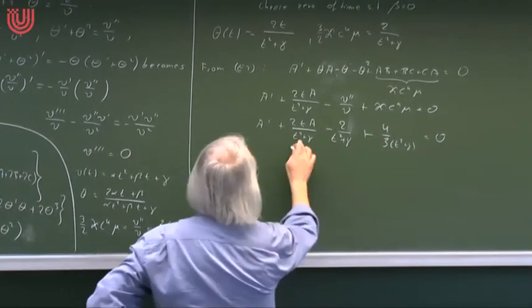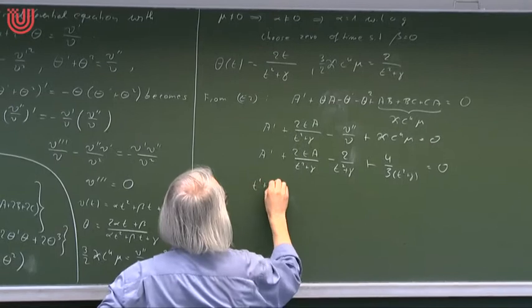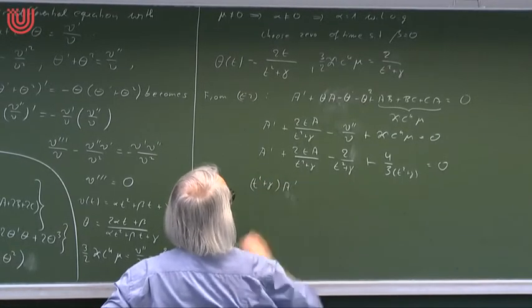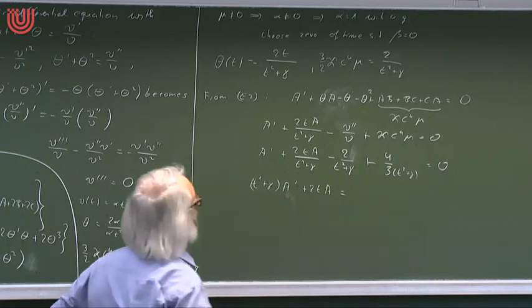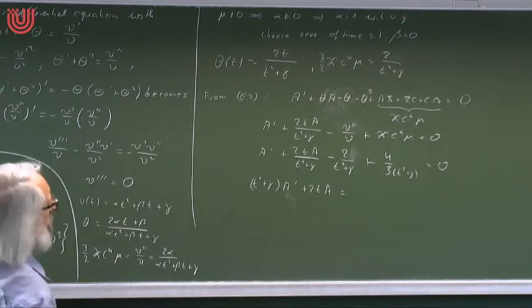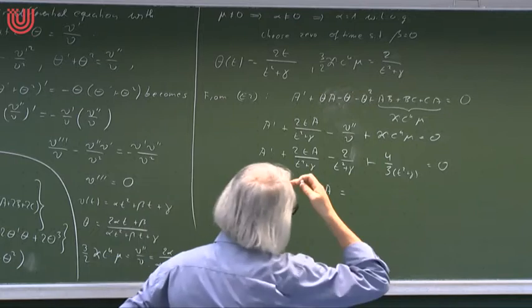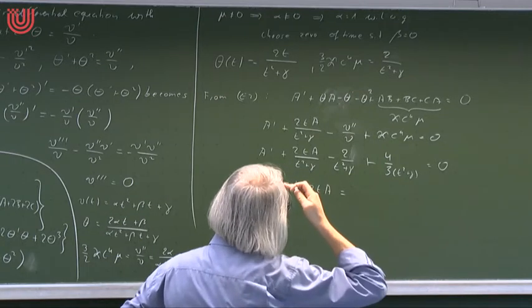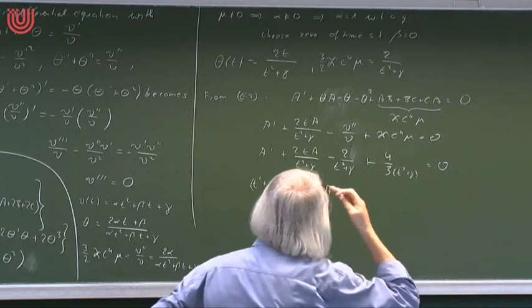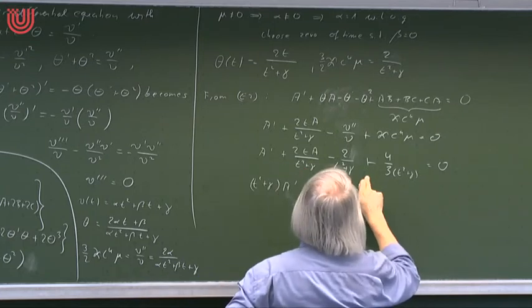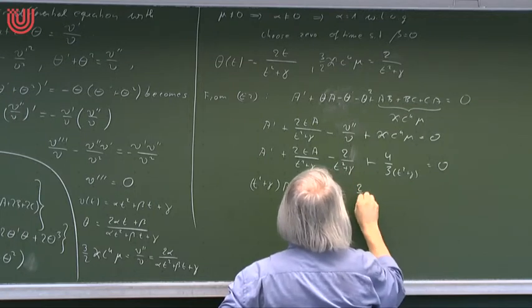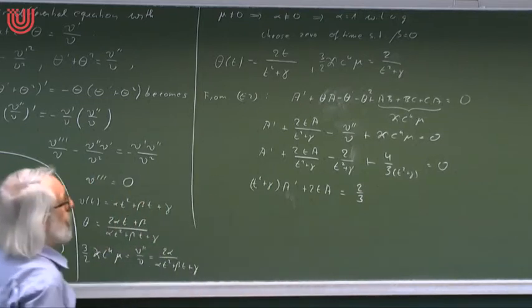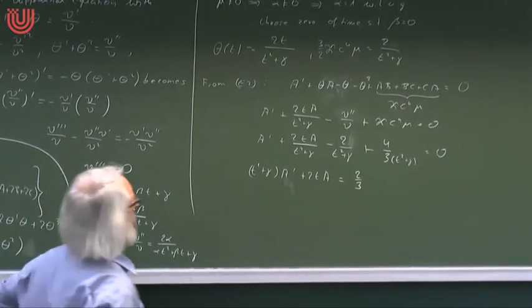So I multiply with t squared plus gamma. A prime is 2tA, and put this to the other side. This gives 4/3 minus 2, is that true? 4/3 minus 6/3, minus 2/3, so it's plus 2/3. Yes, it's correct.